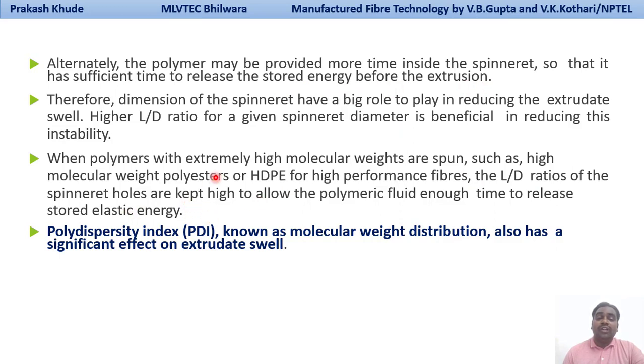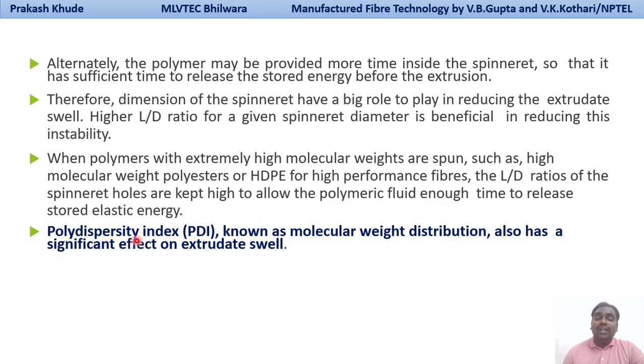So if you want to spin a high molecular weight polymer, that could be HDPE or high molecular weight polyester, we need to keep the spinneret hole length to diameter ratio higher so that the polymer gets sufficient time to relax or release its stored energy before it is extruded.